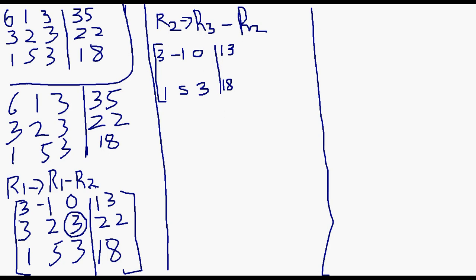So 1 minus 3 is giving us -2. 5 minus 2 is giving us 3. And then 3 minus 3 is giving us 0.